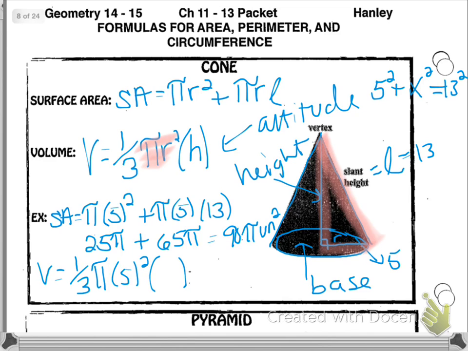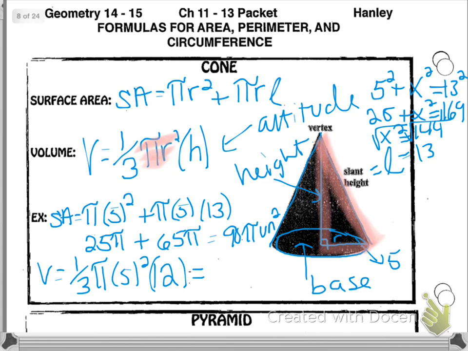You may recognize this as a 5, 12, 13 triangle, which is why I just said that. But if you do it out, we have 25 plus x squared equals 169. Subtracting gives x squared equals 144, and finally square rooting, your height is going to be equal to 12.